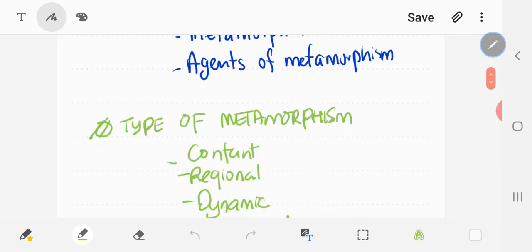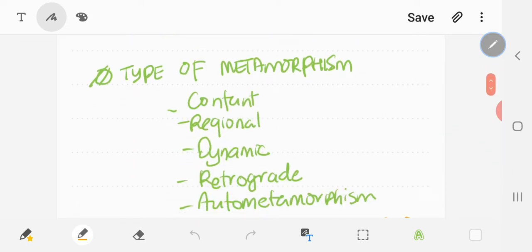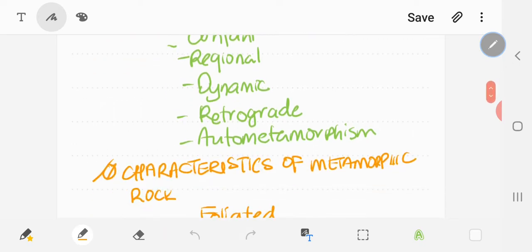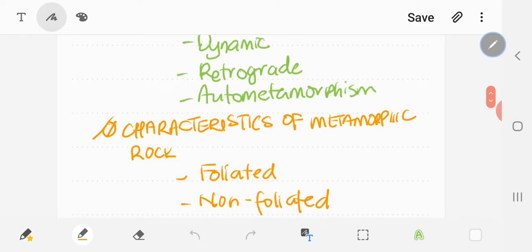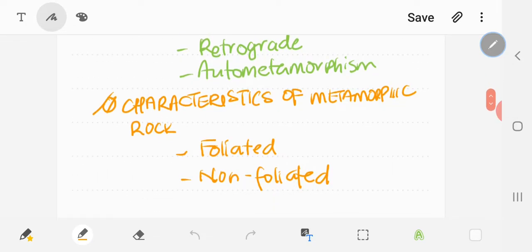Next, for types of metamorphism, you have 5 different types, which are contact, regional, dynamic, retrograde, and auto metamorphism. The last is the characteristics of metamorphic rock, and it is divided into two, which are foliated and non-foliated.